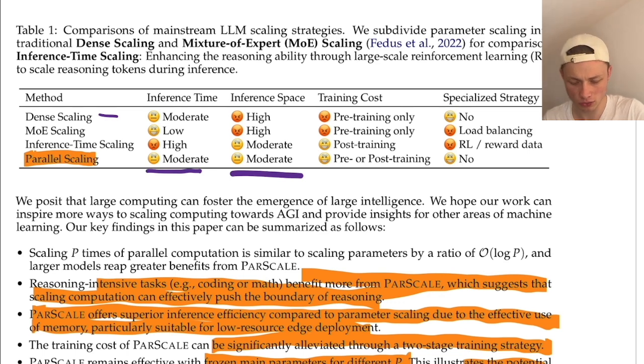If we compare this to the dense scaling and mixture of expert scaling, okay, they take a lot of memory because we have more parameters, and we have to store more parameters on the GPU. So this is just a small overview of the different paradigms and the benefits of them.